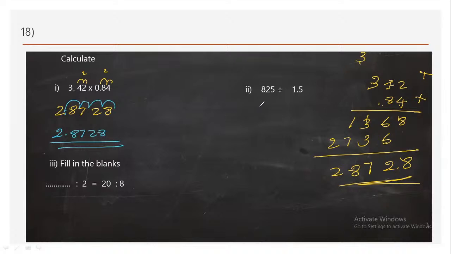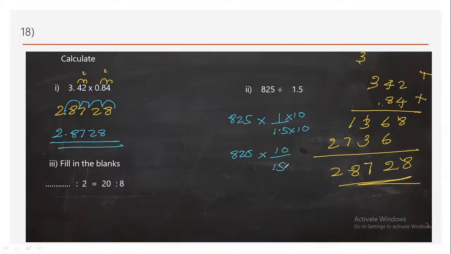Next question. This one you have to divide by 1.5. So it is easy for you to do it like this. 825 divided by 1.5. You can write the reciprocal of 1.5 with a multiplication sign, 1 over 1.5. I want to remove this decimal place. This is by 10, this is also by 10. 825 multiplied by 10 over 15.